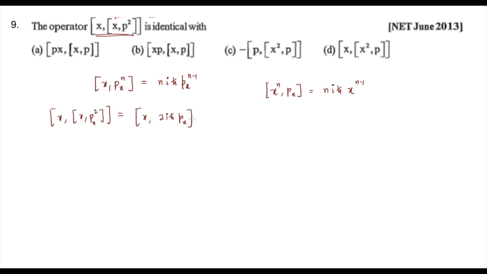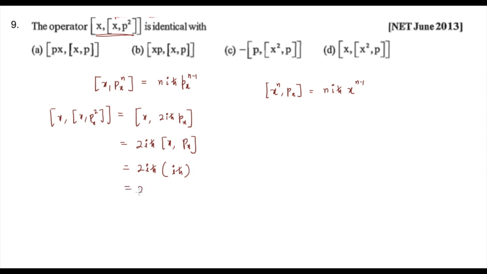So what you can do now is take out this 2i h cross outside. I'll just get the commutator of x and px. Again you can use the same identity here, the value of n is 1 now, so it will be 2i h cross, and if you solve this, you will just get i h cross, since px to the power 1 minus 1 is 1, so just this.